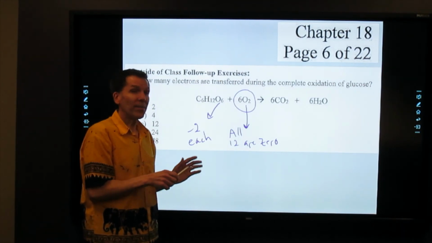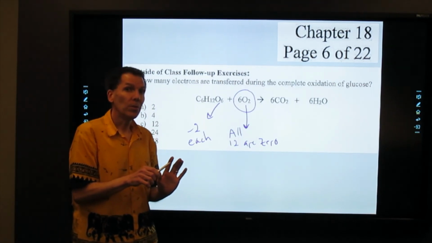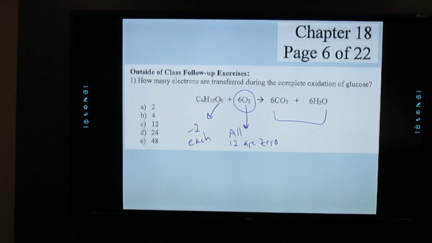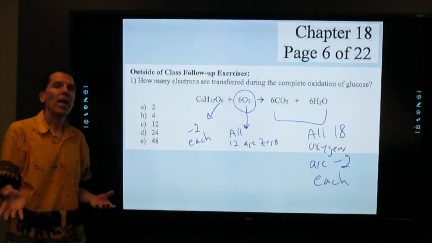And so all 18 of those have a -2 oxidation number. But only 12 of them changed.